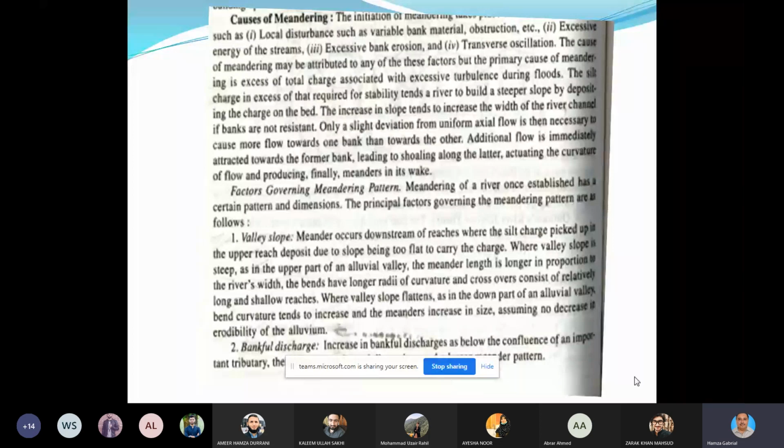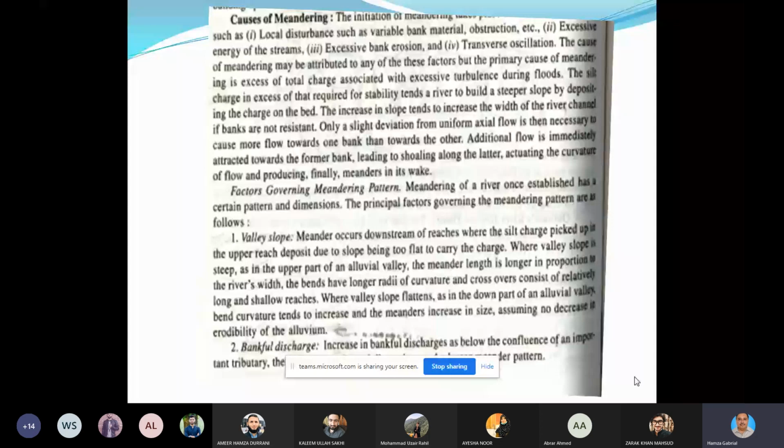As it is more than what is required for the stability regime of a river, the river itself tries to build a steeper slope by depositing the charge on the bed. So the excess silt is deposited on the bed, and due to that, steeper slopes are formed, and due to the increase in slope, it tends to increase the width of the river channels.